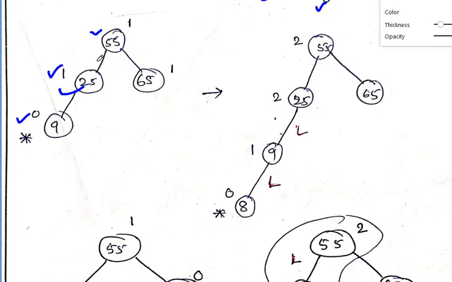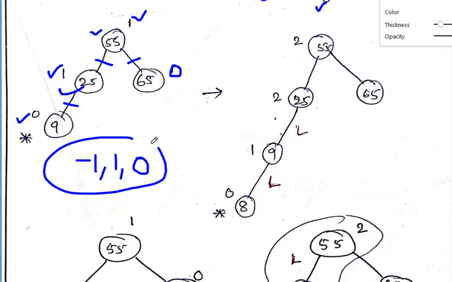For 55 it is 2 links, this is the first one, this one is second, so 2 minus 1, so the balance factor is 1. Similarly for 65 it is 1 minus 1, actually 0. So overall, after inserting 9, it is again satisfying the same condition of balance factors, that is -1, +1, 0.